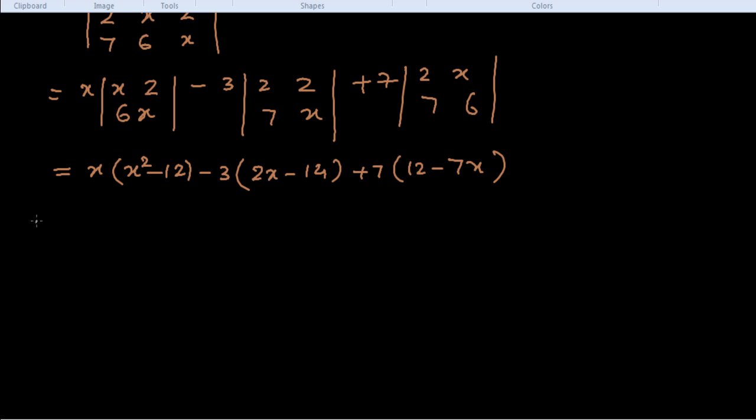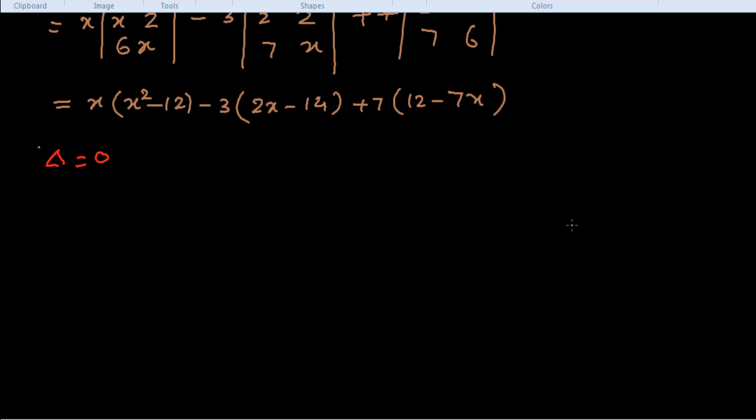Because we know that the determinant value is equal to 0, it is a condition there. So we put this value equal to 0, and first we simplify this. It is x cubed minus 12x, minus 6x, plus 42, plus 14, 12, 7, 84.